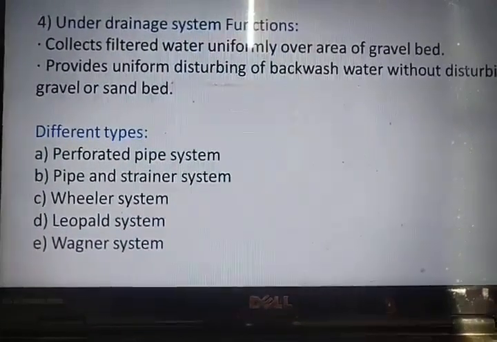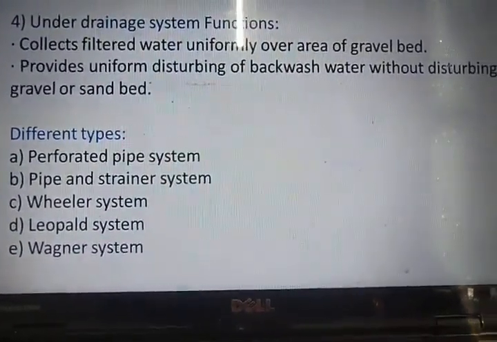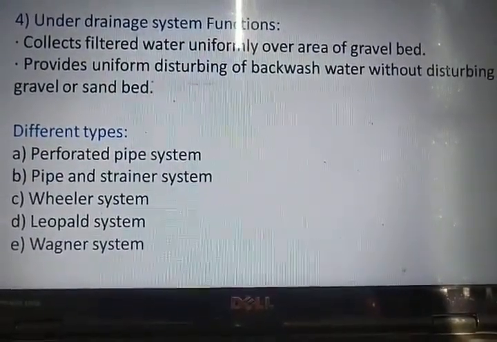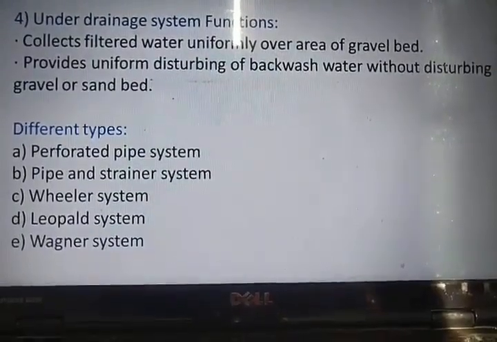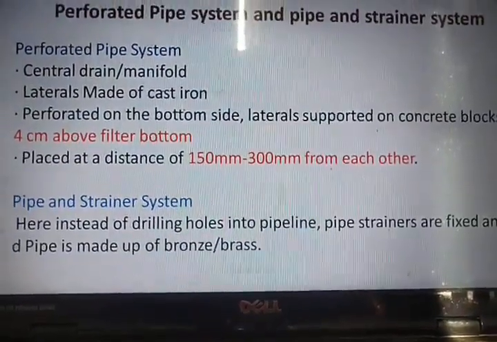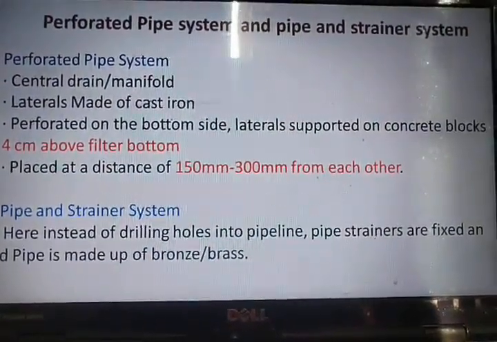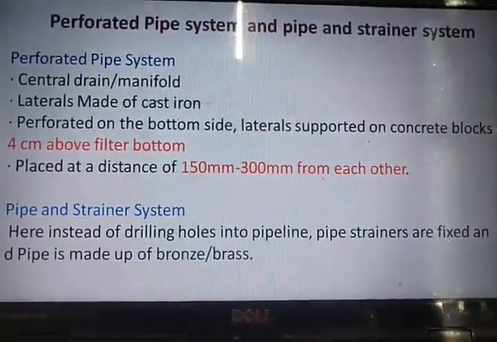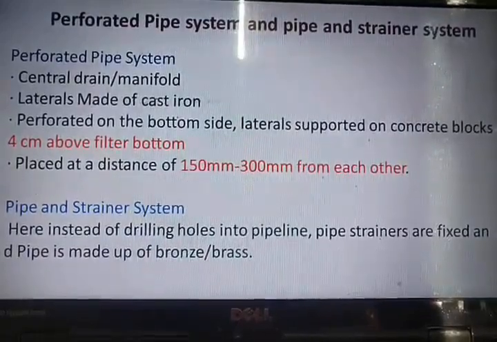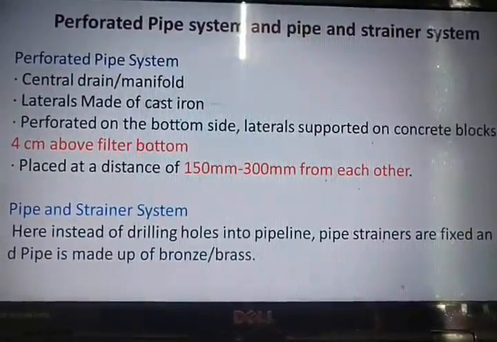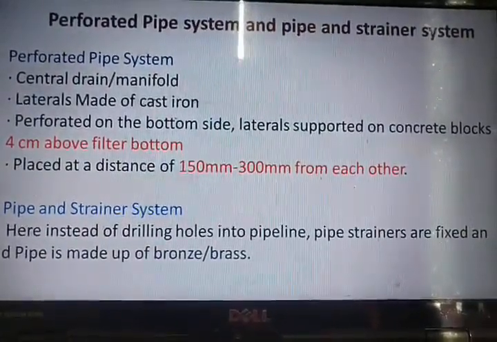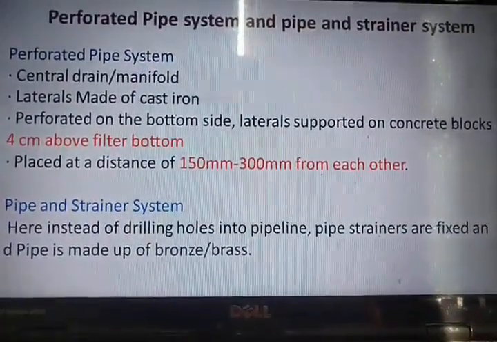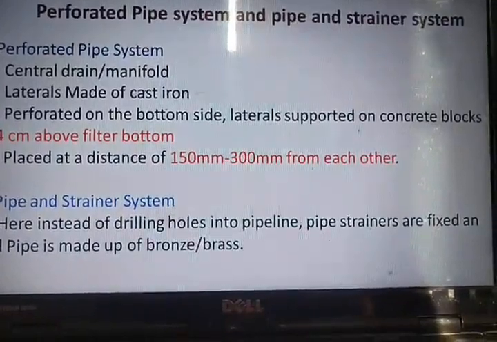Okay, so any one type of these can be preferred, but in most of the treatment plants I have seen the perforated pipe system as an under drainage system. Okay, so the perforated pipe system and pipe strainer system consist of the central manifold drain, that is the central drain located in the center of the filter, and it consists of the laterals, which are made up of cast iron pipes, and perforated on the bottom sides.